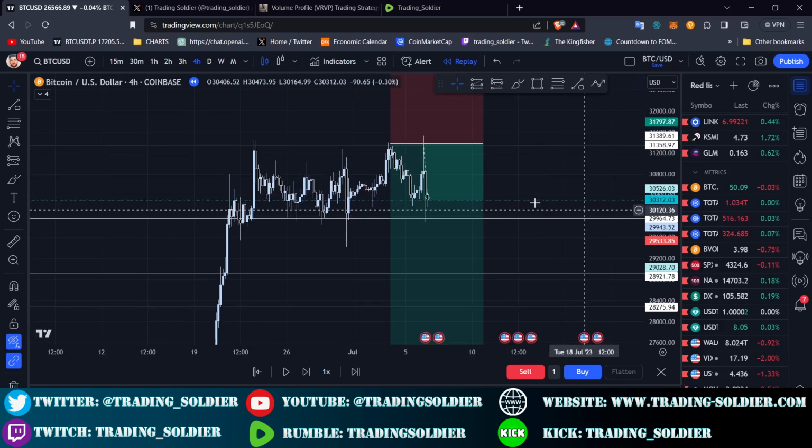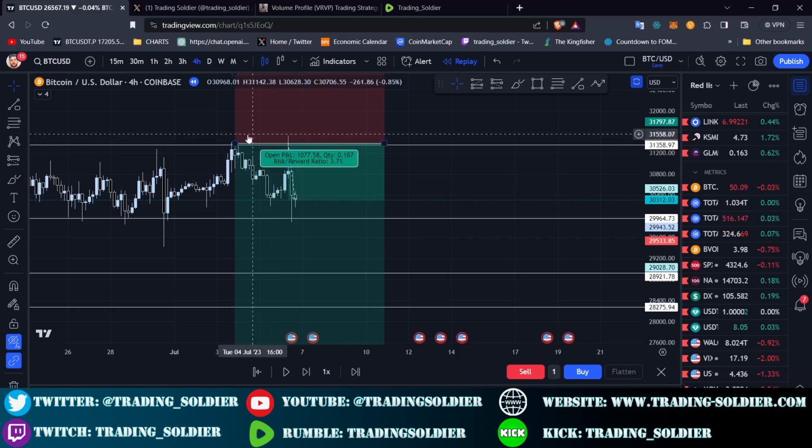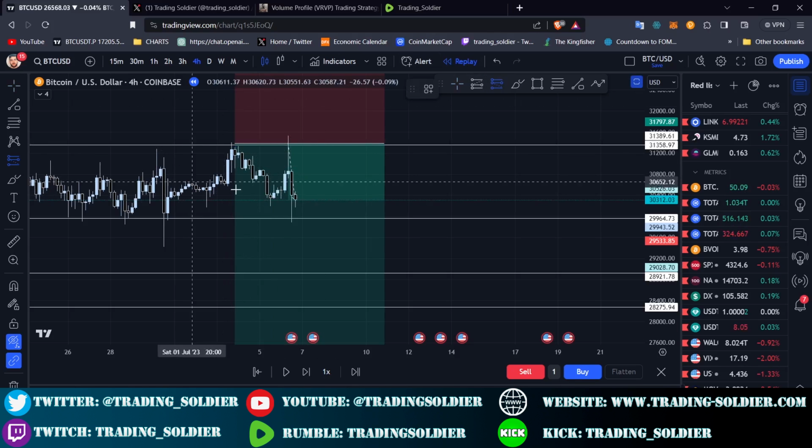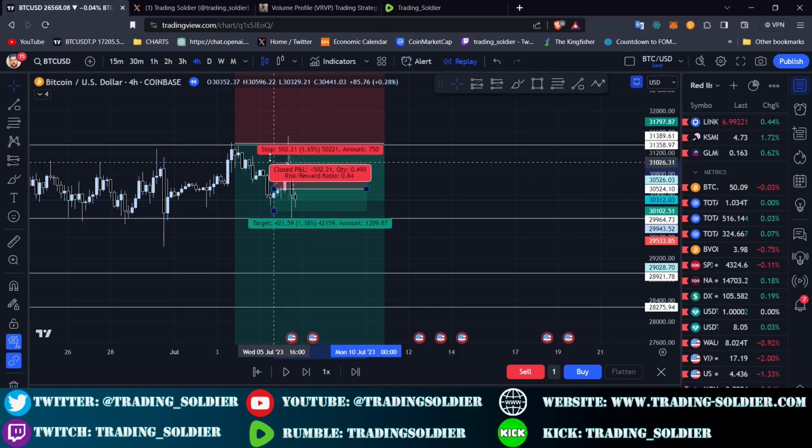Here a lot of shorts enter and put their stop loss, because a lot of people do this. Okay, a lot of people when they are trading do this.